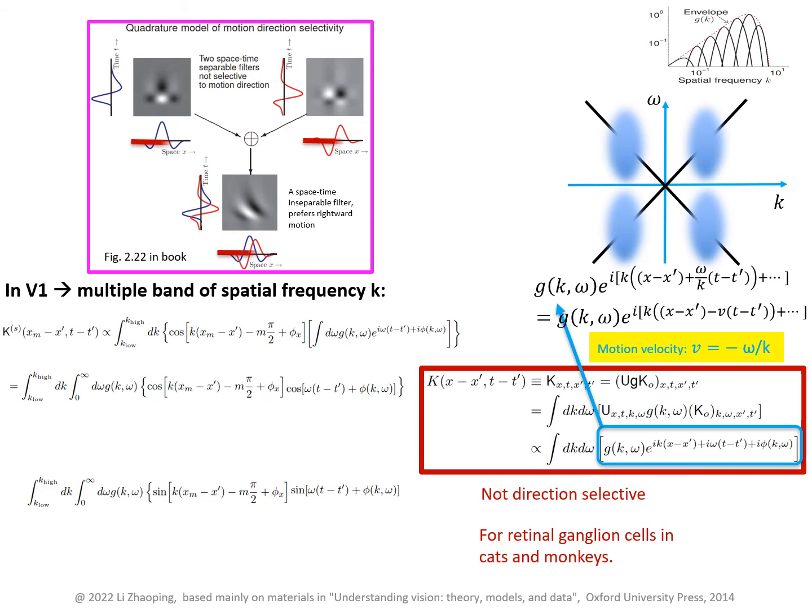Here space is the horizontal axis and time the vertical axis. This curve shows the spatial filter in the first spatial-temporal filter. It's an even function of space. And this curve is the temporal impulse response function, which has an initial excitation in the early time window and then a suppression in the later time window.